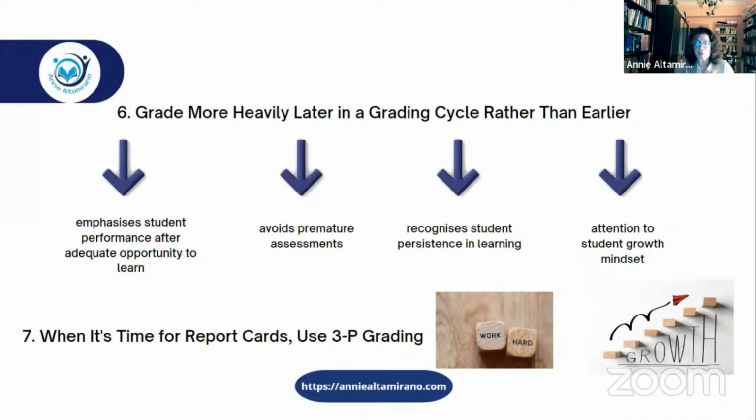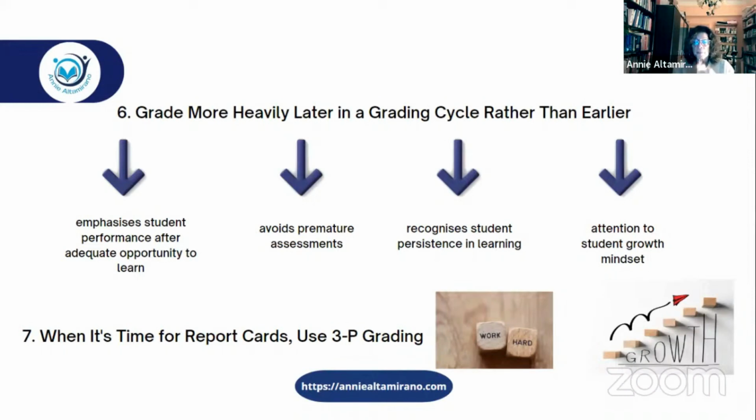When it's time for report cards, use 3P grading. That is, when we try to pack a wide variety of student characteristics into one grade, that grade is not a valid reflection of any of them. It's like the grade fog, and presents perhaps an inaccurate picture of a student's proficiency. So one solution is to practice the 3P grading.